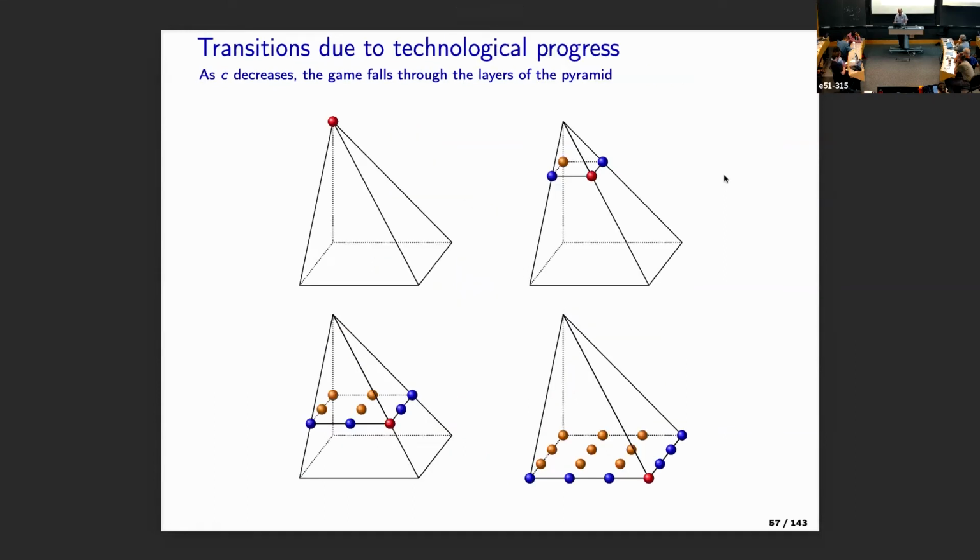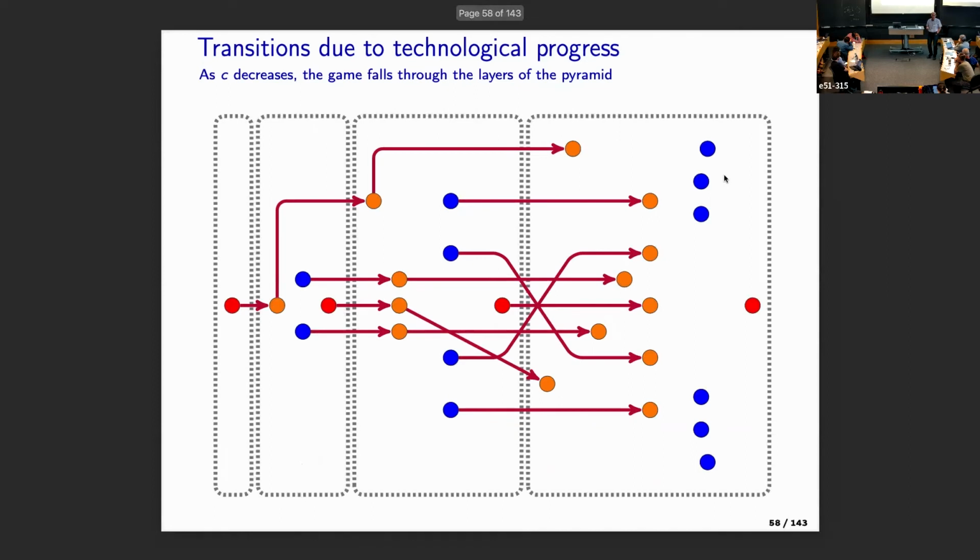All right, so I'd like to make it a little bit more general. Let's look at the different levels of this pyramid. They correspond to different levels of the state-of-the-art cost. I want to make a flat graph and talk about directional games more generally. Now, these rectangles correspond to the different layers of the pyramid.